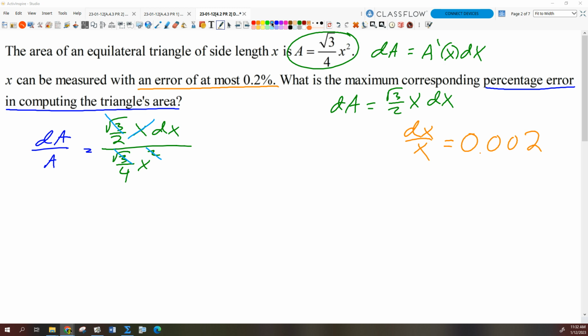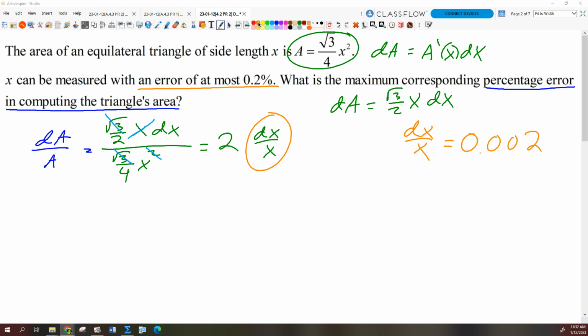So I just end up with 2 times dx over x. I don't need to know what x is or what dx is because I know the ratio of dx over x is what's given to me.